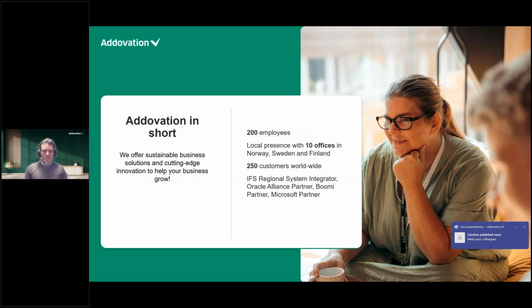And we do that by extending and enhancing the usage and benefits of your existing ERP system. We do that in a very customer-focused way. So we add functionality that's not covered by the core product. We have had a steady growth and are now a bit over 200 employees. We have 10 offices around the Nordics, and we work with customers all over the world, but mostly with their head offices here in the Nordic region.